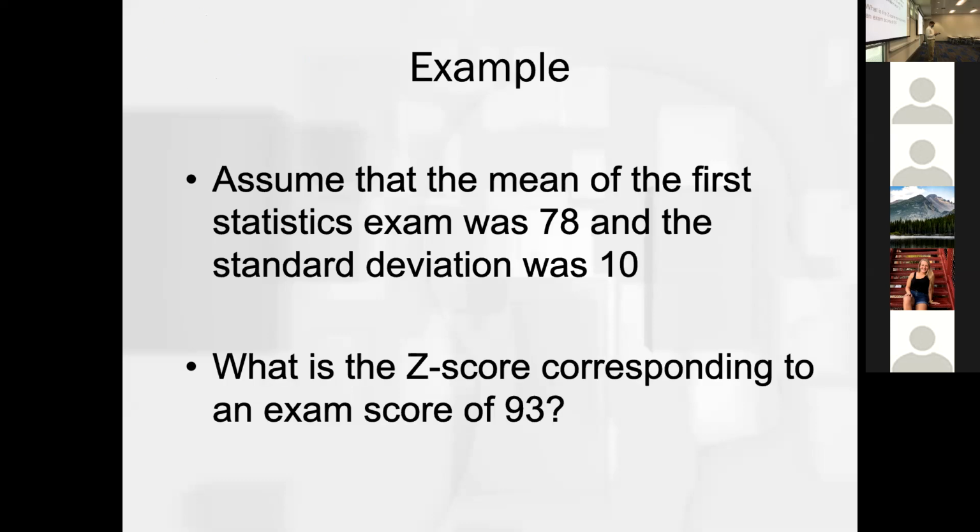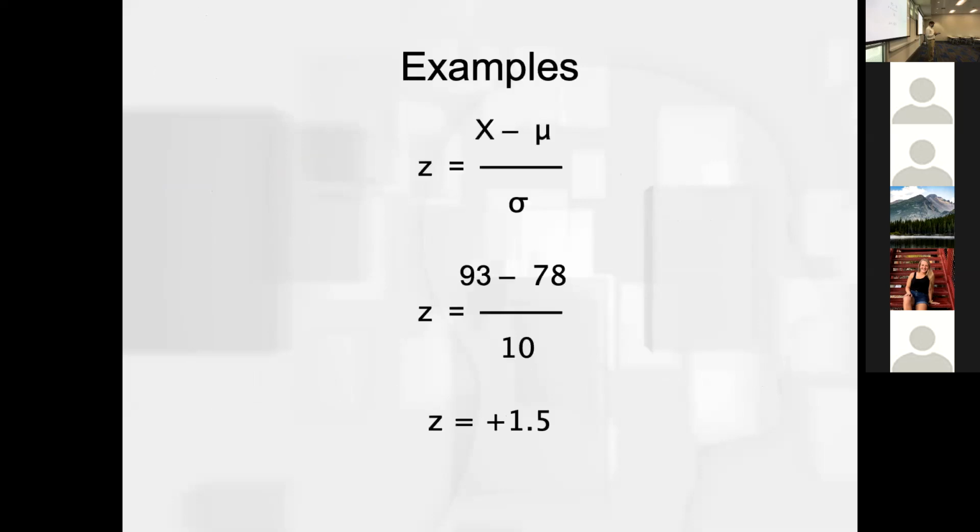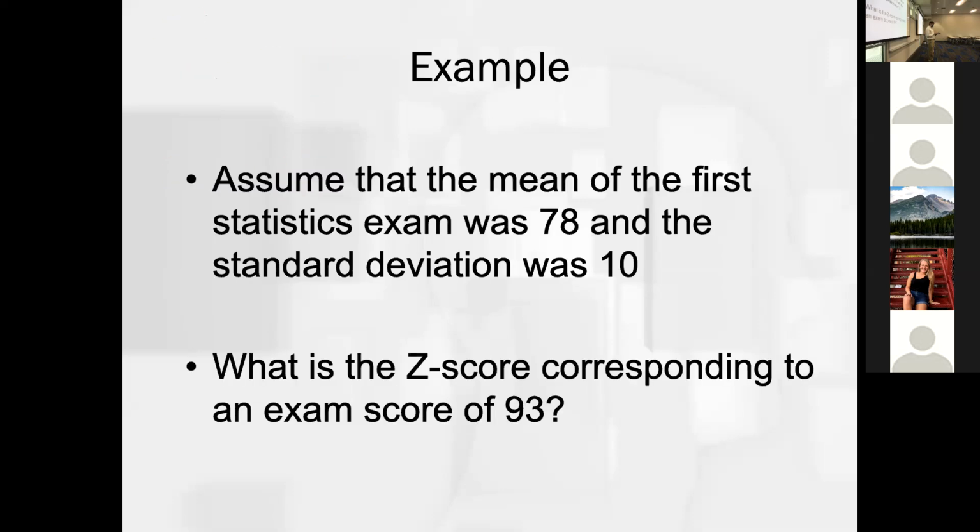The mean was 78. Actually, I guess I should make that mu, excuse me. Mu is 78. The standard deviation was 10. And we're interested in the exam score of 93.